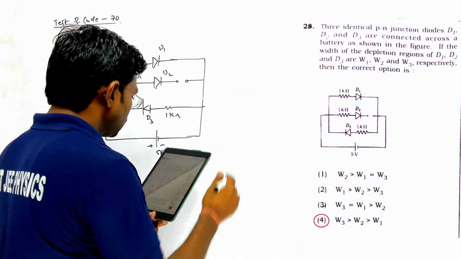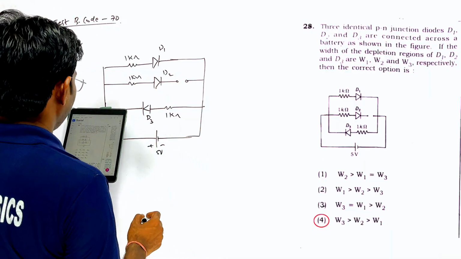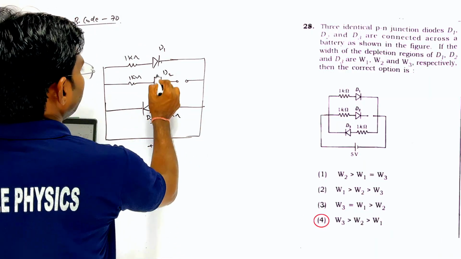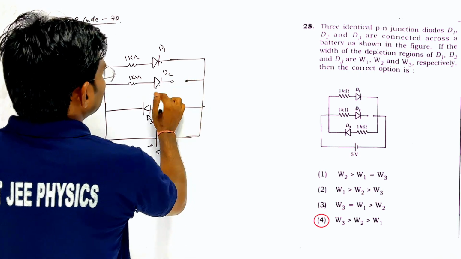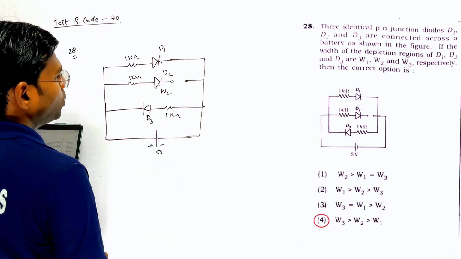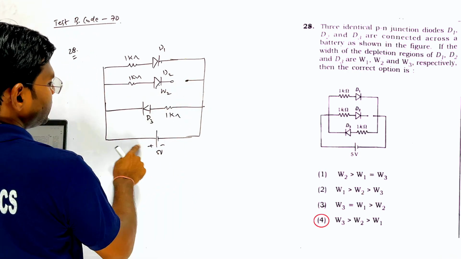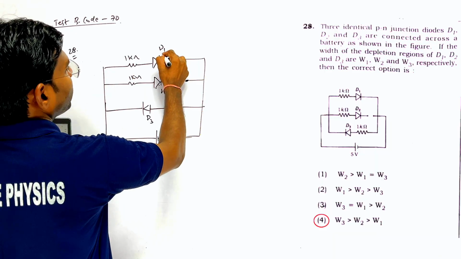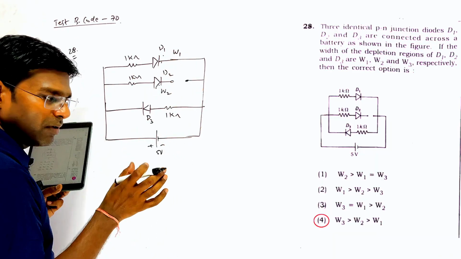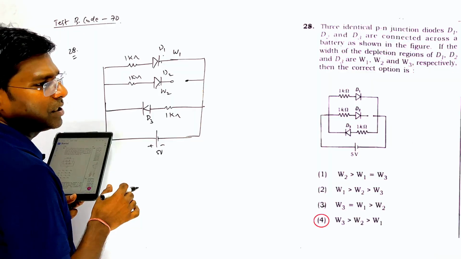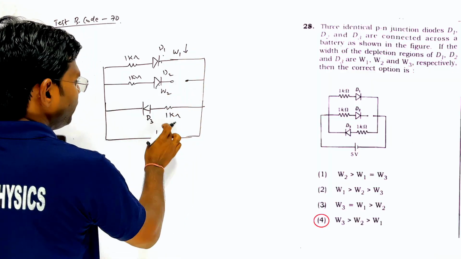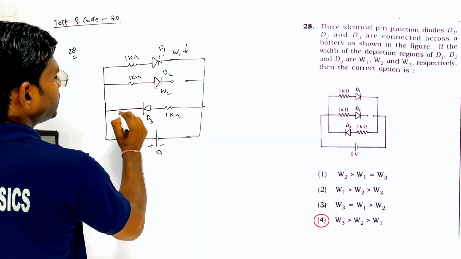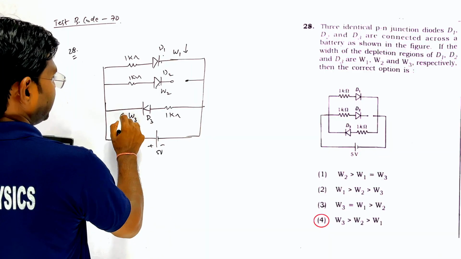So read this question number 28. There are three identical p-n junctions D1, D2 and D3. You will see D2 is open, so its width is W2. D1 is forward biased, so in forward bias the depletion region is decreasing, it remains as it is for W2, and in reverse bias W3 is increasing.